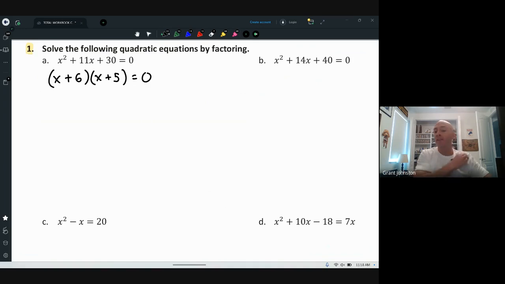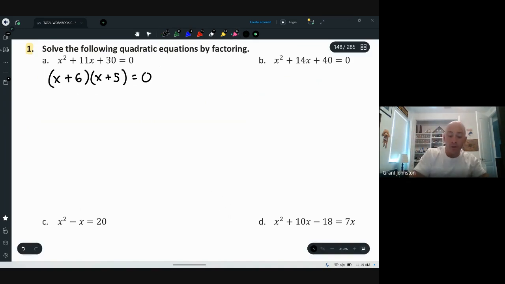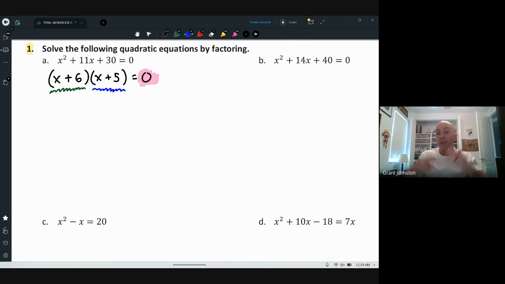Once you factor it, we can use what we call the zero product property. You don't need to memorize the name, but it means anything times 0 equals 0. Basically, we need either this parenthesis to equal 0 or this parenthesis to equal 0 for this entire equation to equal 0.